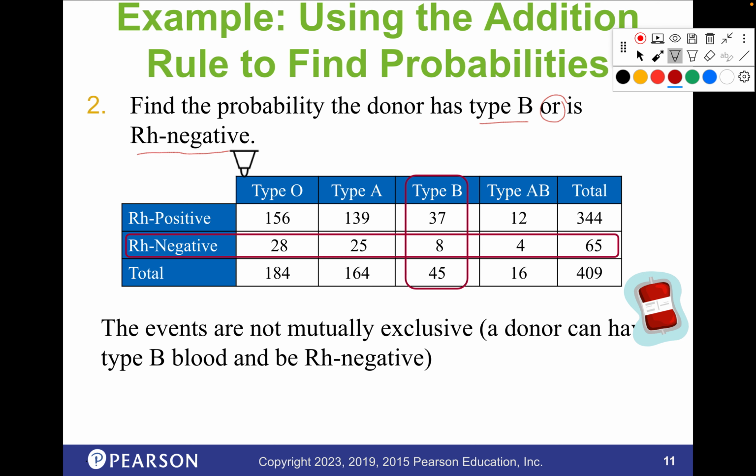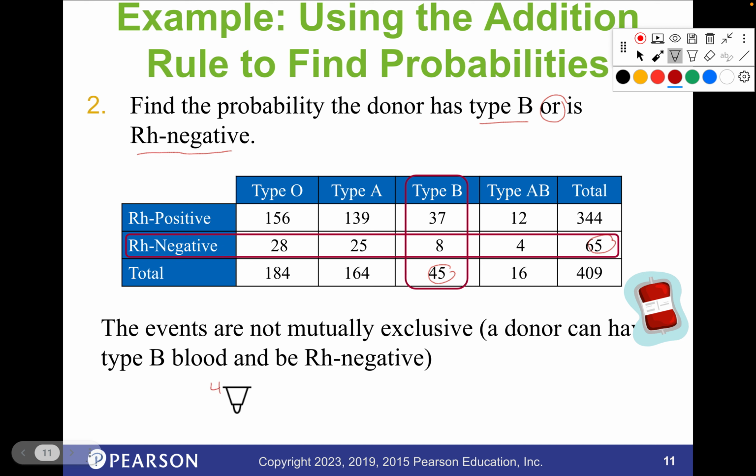Here's type B and there's Rh negative. There's that middle, those 8 are getting counted twice, right? So the way they show to do it is you get the 45 from type B, the 65 from Rh negative, but then we're going to have to subtract off that 8 because it got counted in both of those totals.